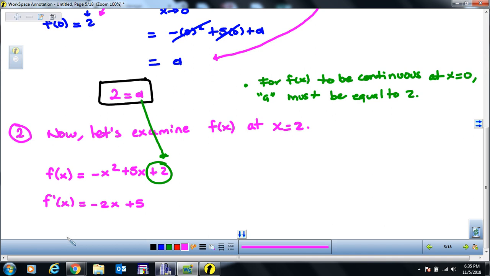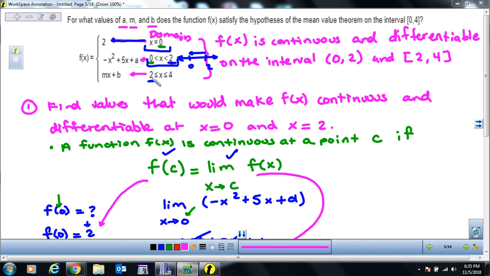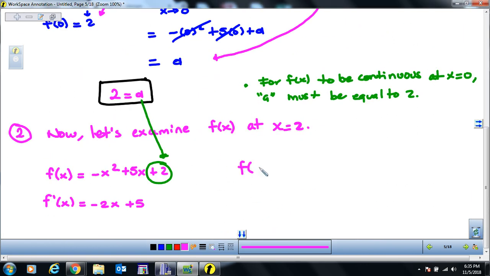And then now we're going to find also the derivative of the other function, the one where x can be 2. So the derivative of f of x equals mx plus b. Assuming that m has to be a number, right?